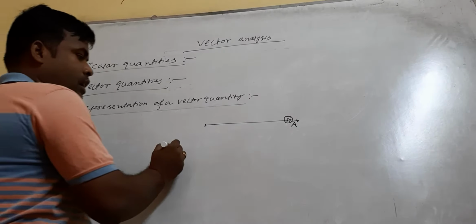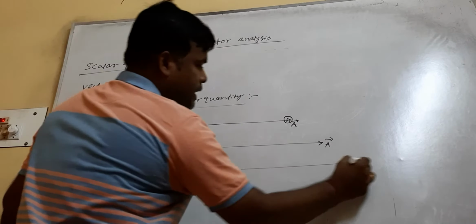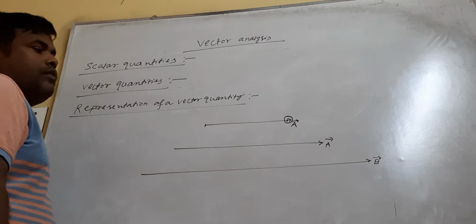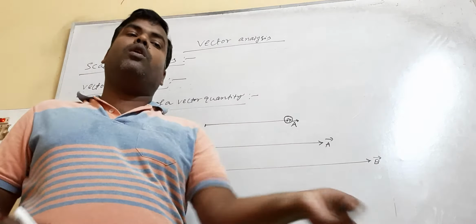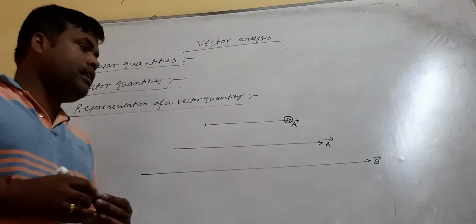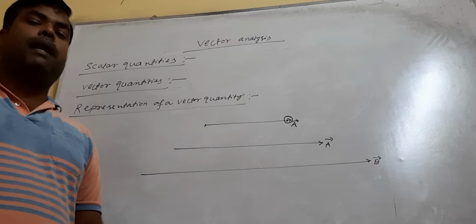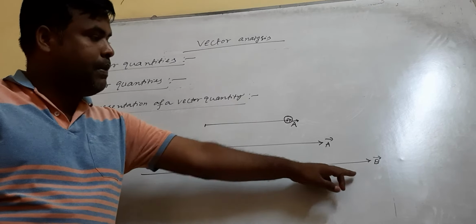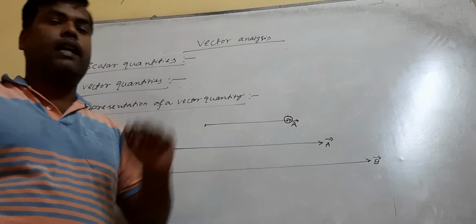Suppose these are the two vectors, A vector and B vector. From this representation, tell me which has more magnitude and what do you say about the directions. Here B vector is represented by a line of greater length, so definitely the magnitude of B is greater. And both A vector and B vector are acting towards right, so their directions are same.